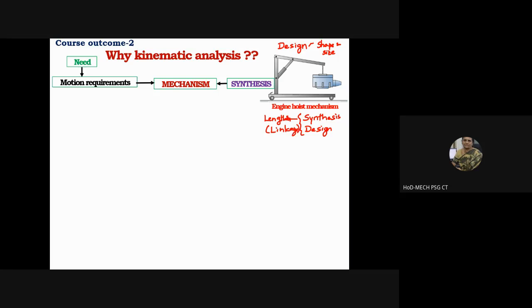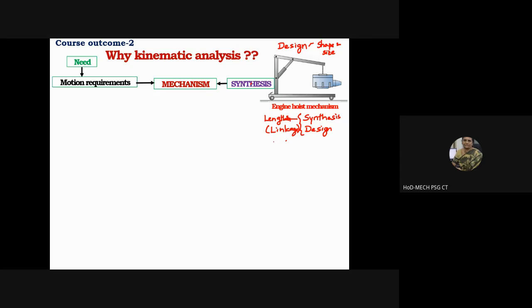Can somebody give me examples of linkage type of mechanisms? Four bar mechanism, good. Four bar mechanism, slider crank mechanism, or single slider mechanism, they are all linkage type of mechanisms.